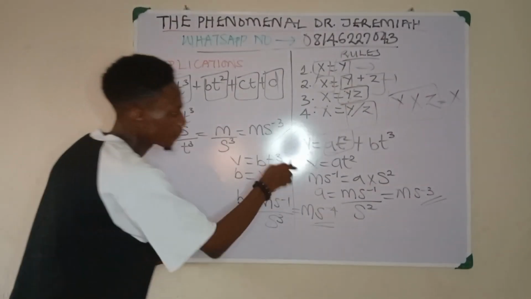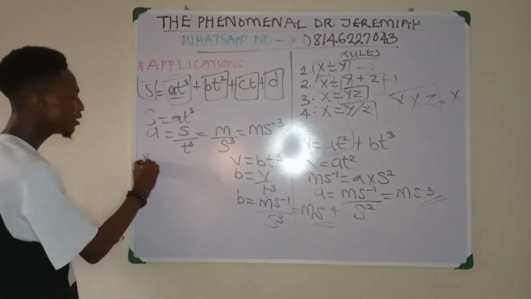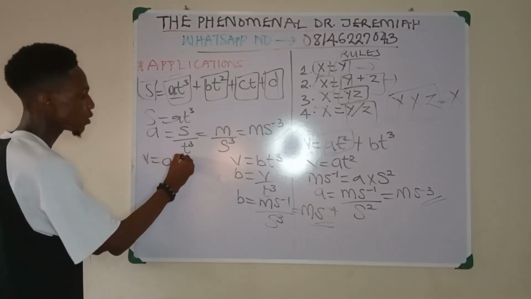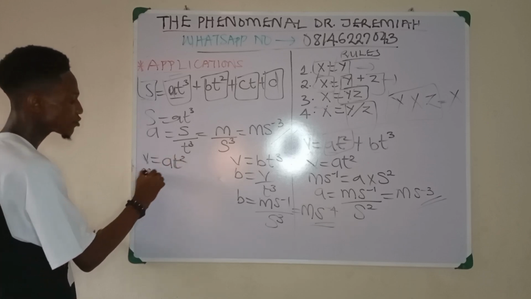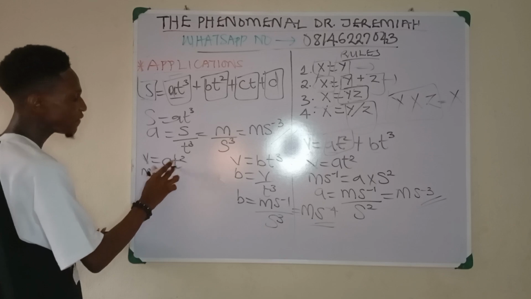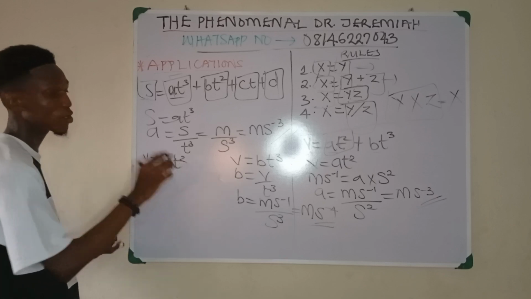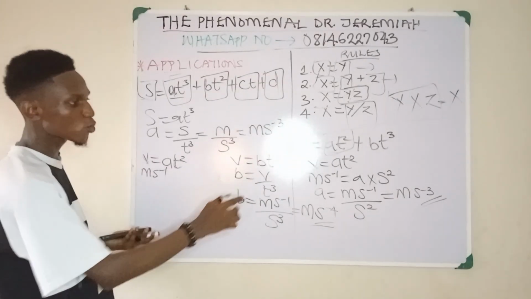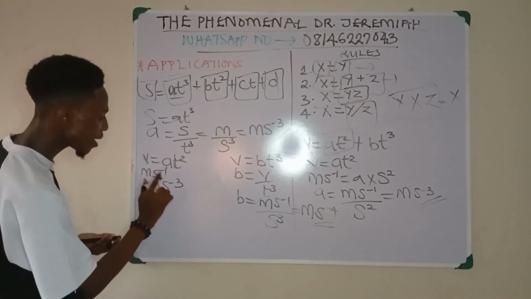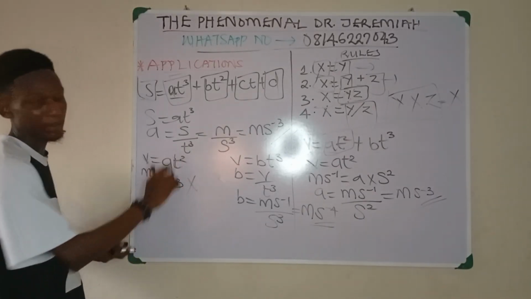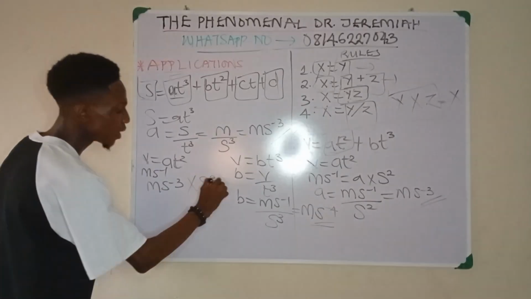Let's test this first one. Now remember I said that V equals to AT squared from the principle of homogeneity. Now V is equals to ms raised to the power minus 1. Now let's see if AT squared is ms raised to the power minus 1 also. Now remember that A is what? A is ms raised to the power minus 3 times what's time? S squared.